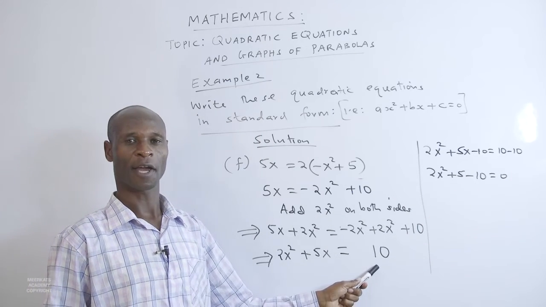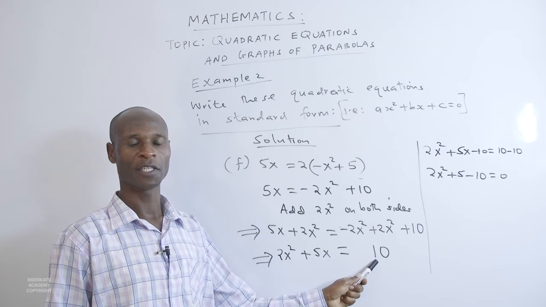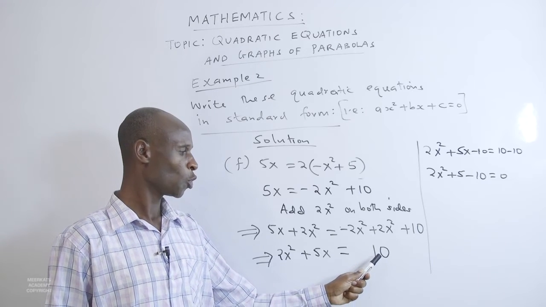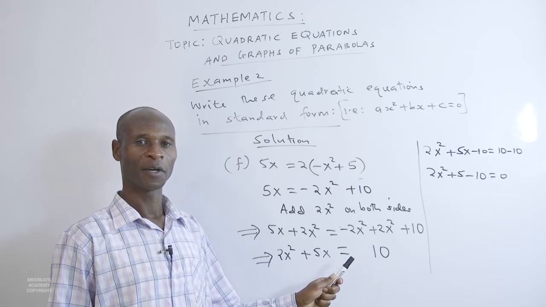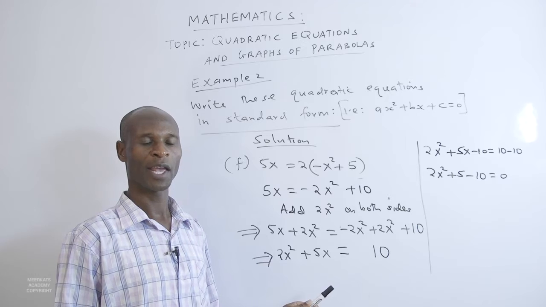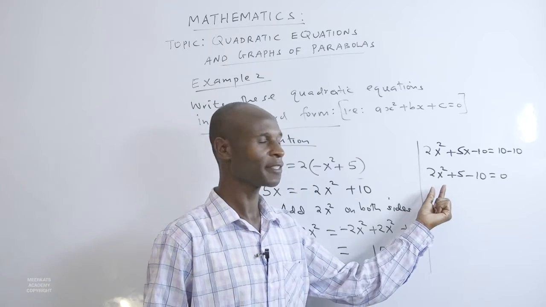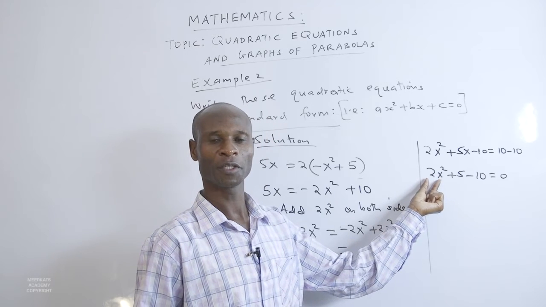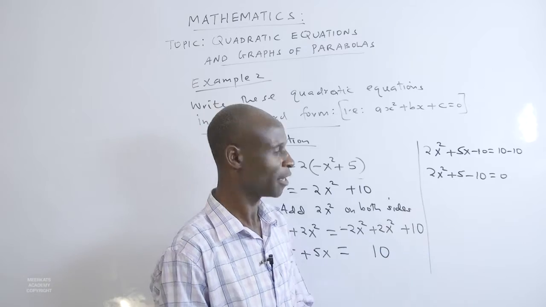Why did we subtract? We subtracted 10 on both sides because it is positive. So to collect it on the left-hand side, we subtract so that we eliminate it on the right-hand side.